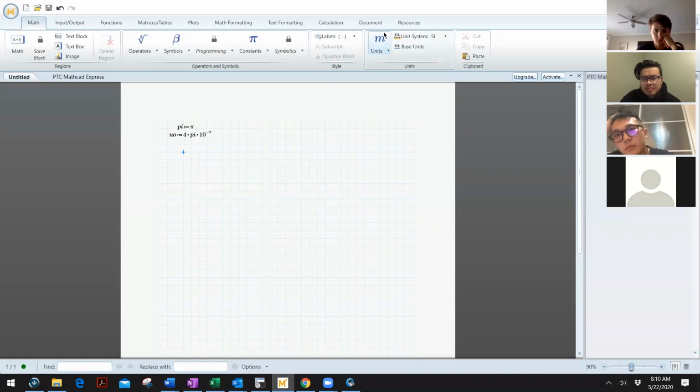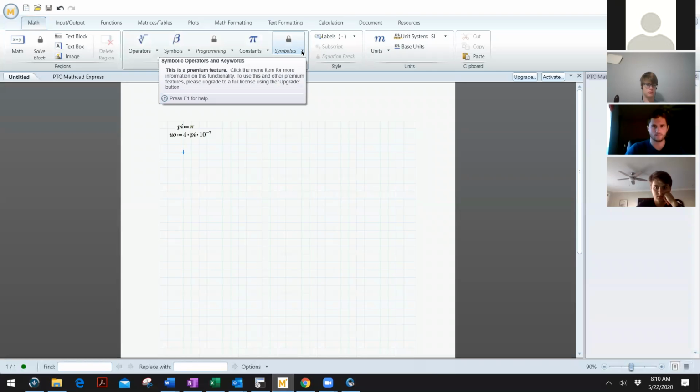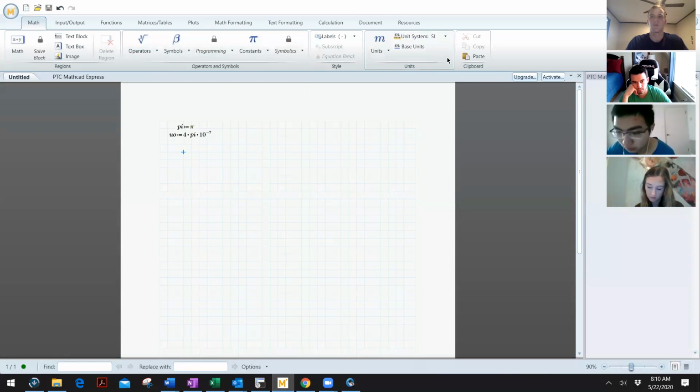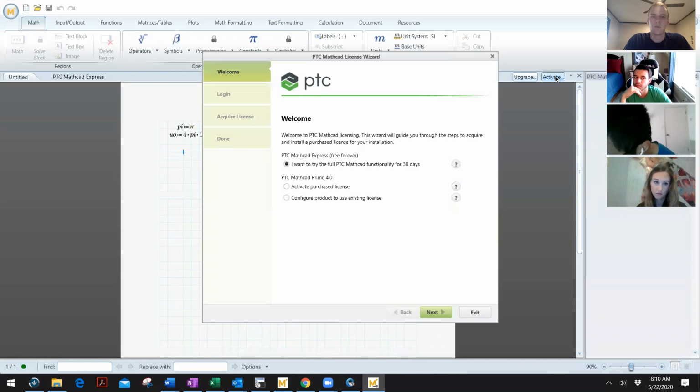And then I have to go to, where is it? Activate. Can you all see the screen with MathCAD on it right now? You're seeing the shared screen? Okay.